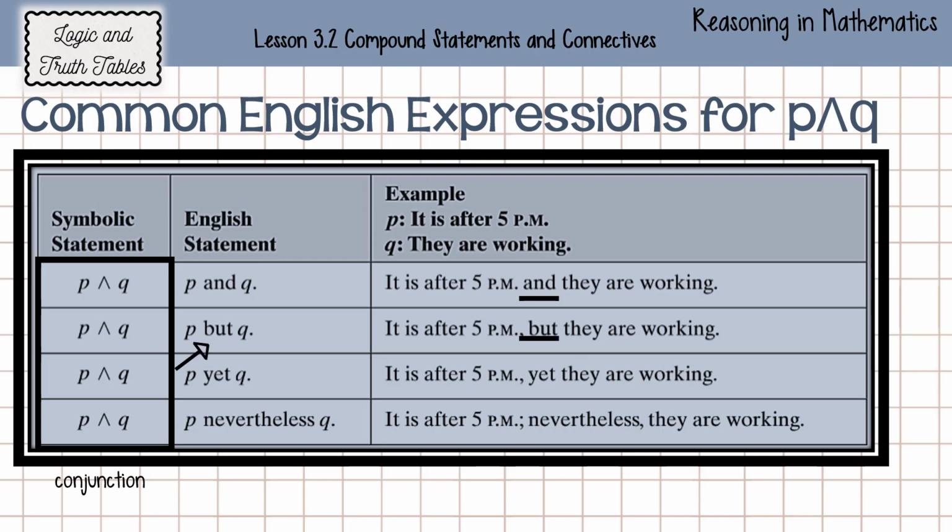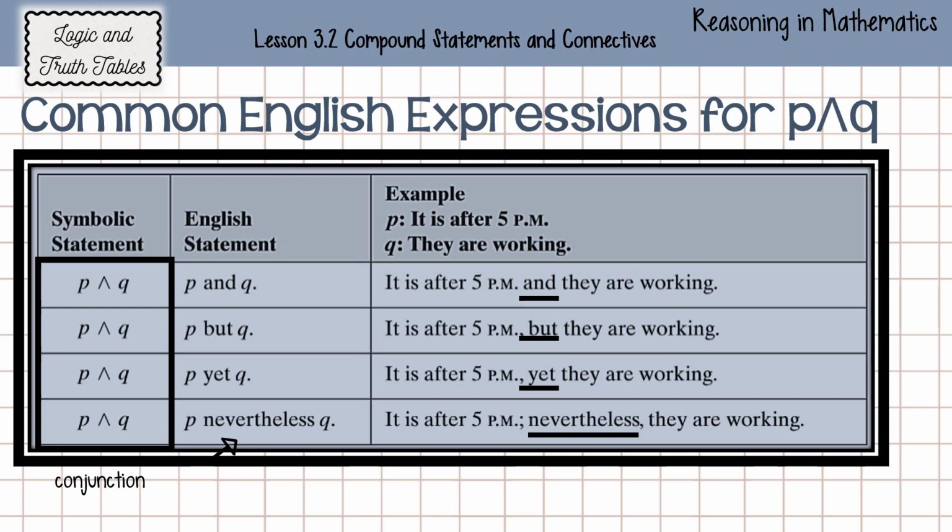It is after 5 p.m., but they are working. Same as and. Yet. It is after 5 p.m., yet they are working. It still means that, hey, they are still there. So that would be and. And nevertheless. So it is after 5 p.m.